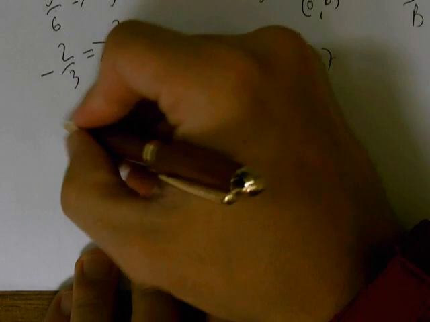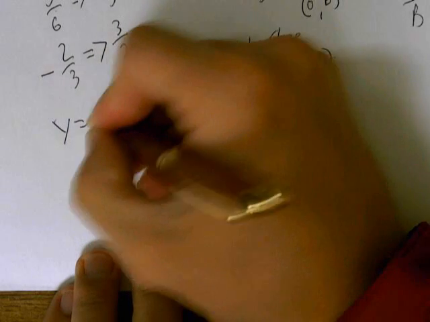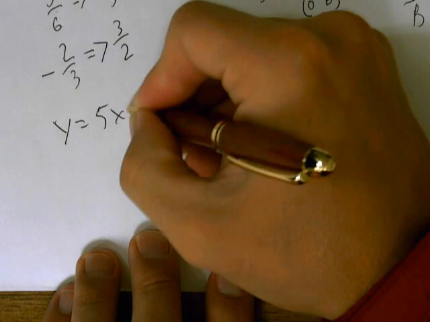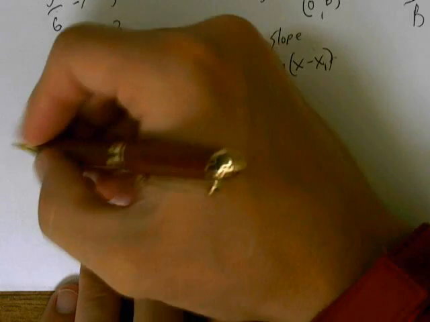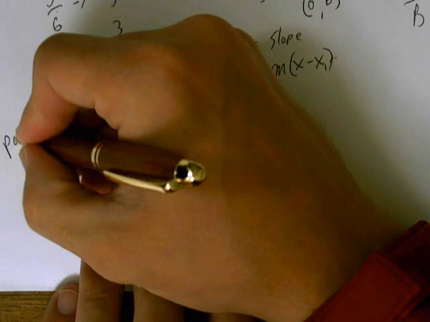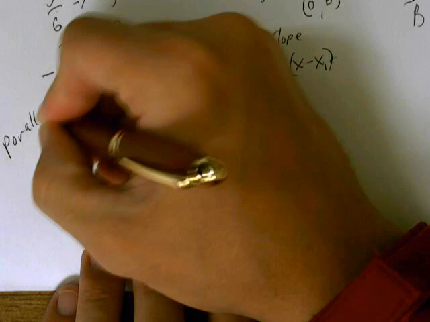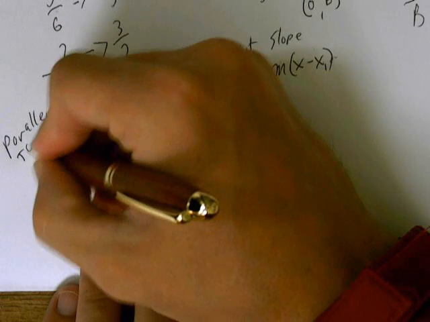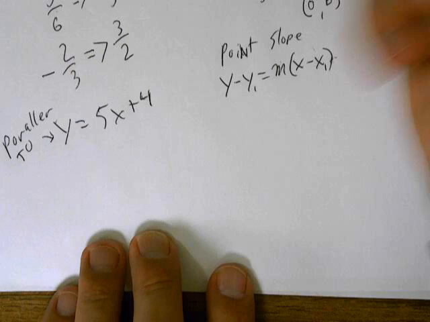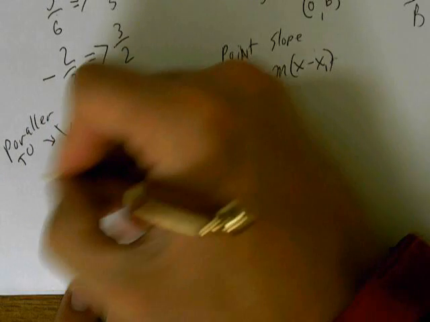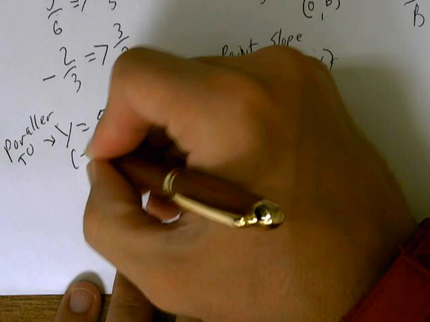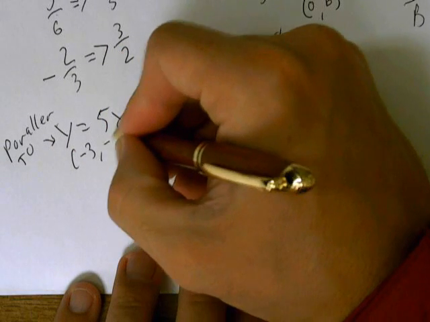If I start with y equals 5x plus 4, and I want a line that's parallel, P-A-R-A-L-L-E-L, to this, and I want it to go through point -3, -6.